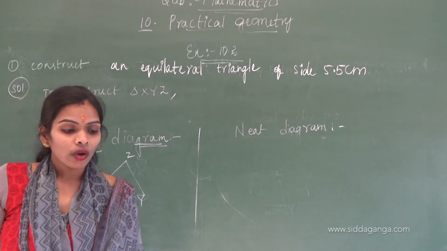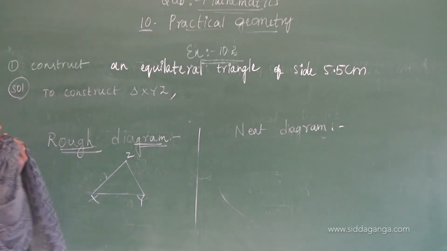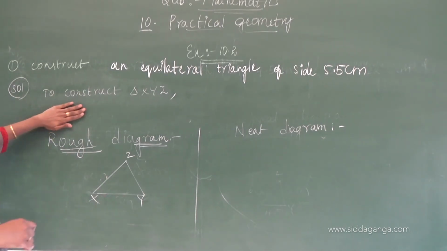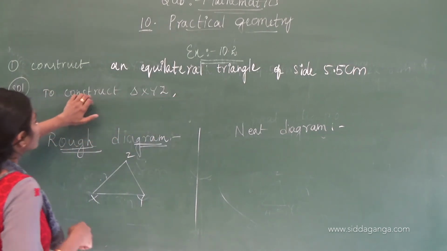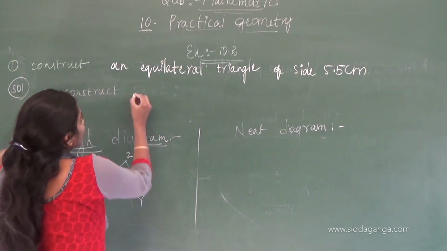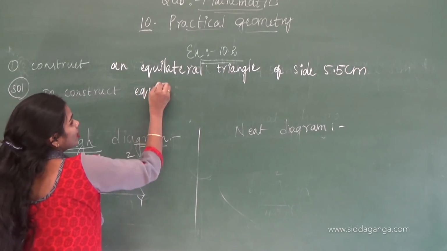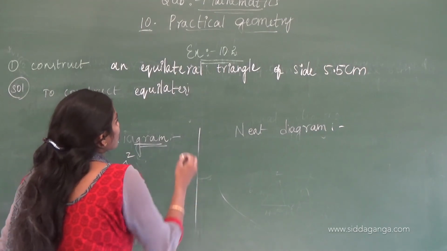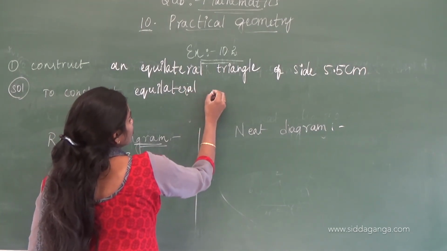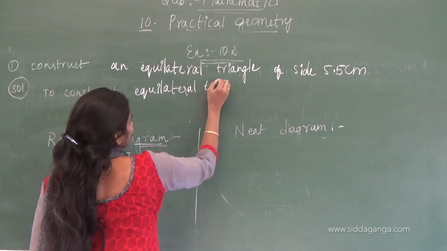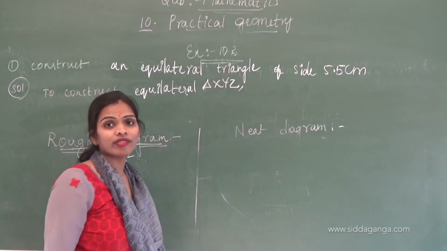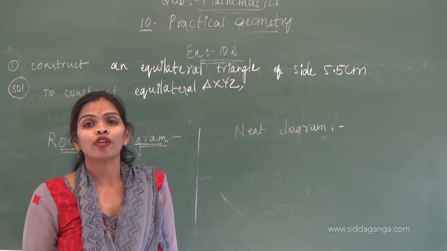What is there? Construct an equilateral triangle of side 5.5 centimeters. I am giving the name of the equilateral triangle as XYZ.